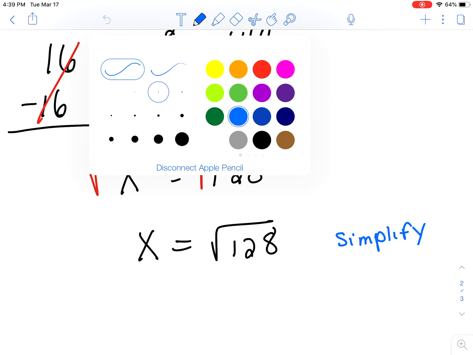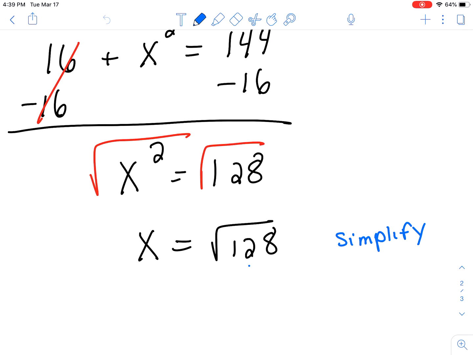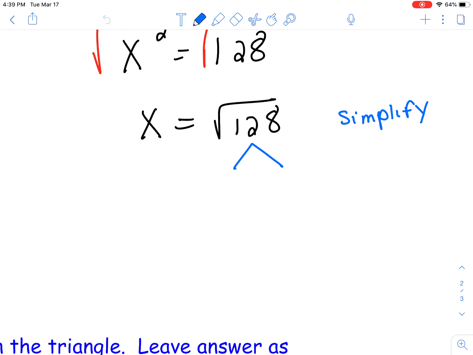So I'm just going to go through and I'm going to simplify by doing a factor tree. So 2 goes into 128 64 times. 64 can be broken down to 8 and 8. So we're looking for pairs. Here's my pair.